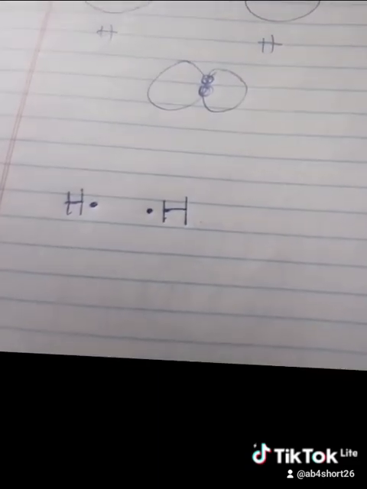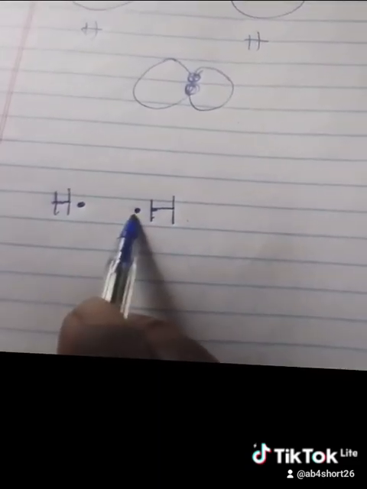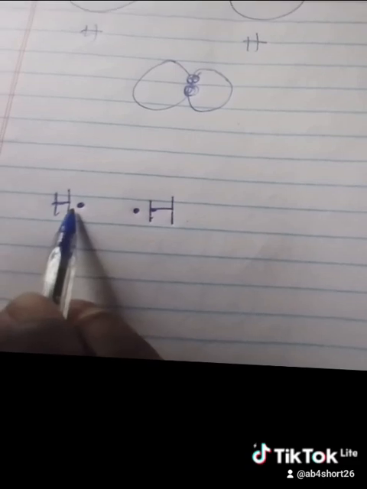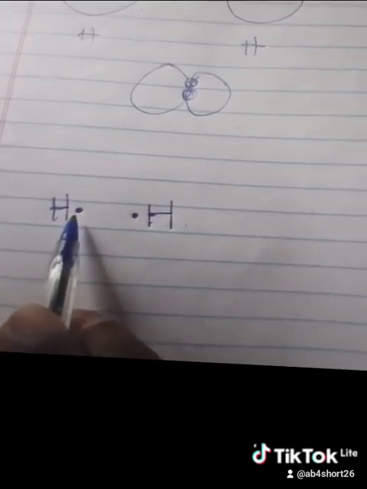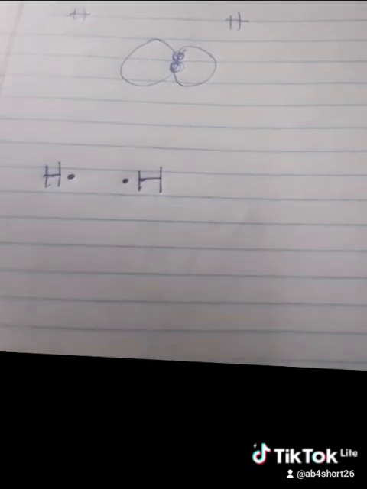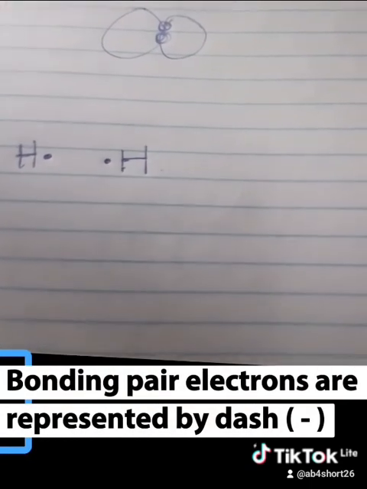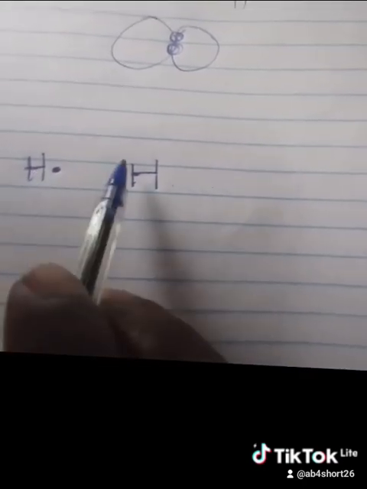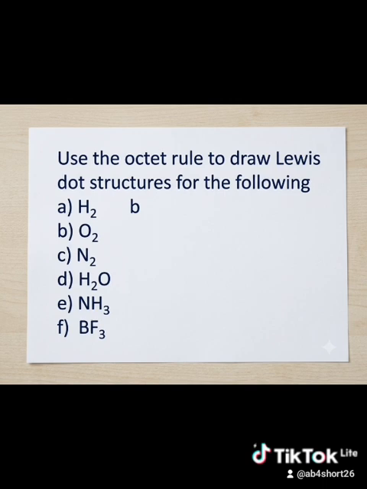Now, as they bond, this will bond with this covalently. So they will share electrons. As they share electrons, they will become bonded pair electrons. Now, we also said that bonded pair electrons are represented by a dash. So the moment you realize these are bonded pairs, you rewrite the entire thing as your first hydrogen, which will bond with another hydrogen. Let's answer option B.